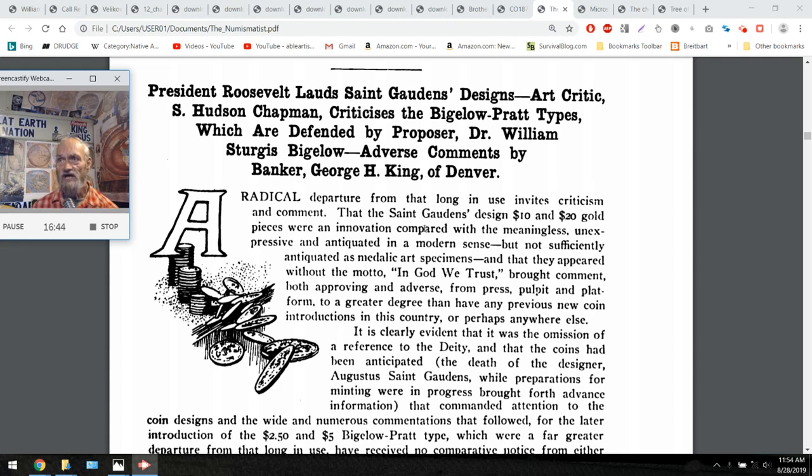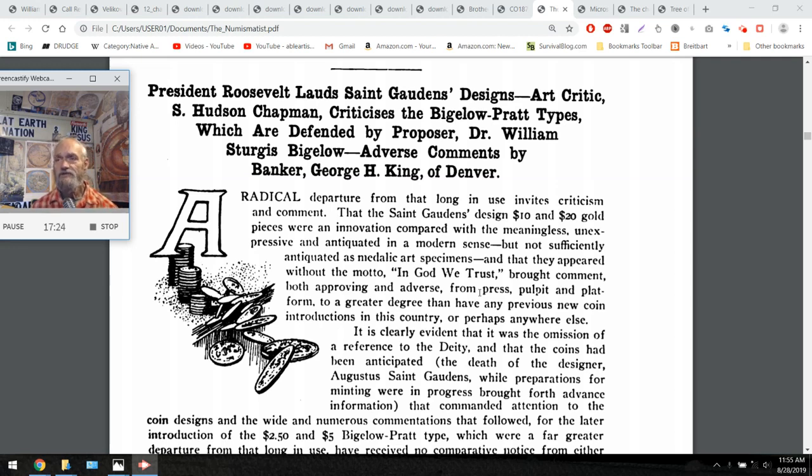The St. Gaudens design of the $10 and $20 gold pieces was an innovation compared with the meaningless, unexpressive, and antiquated in a modern sense, but not sufficiently antiquated as metallic art specimens, and that they appeared without the motto, "In God We Trust," brought comment, both approving and adverse, from press, pulpit, platform to a greater degree than have any previous new coin introduction in this country or perhaps anywhere else.